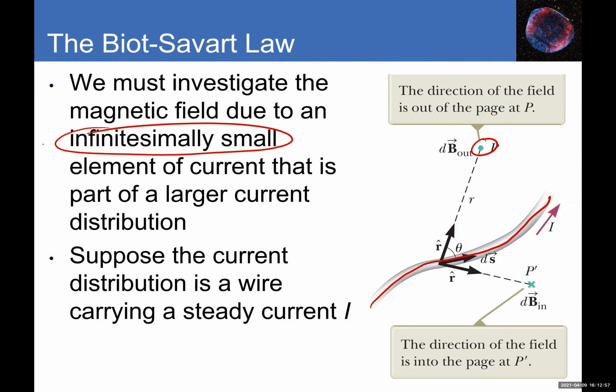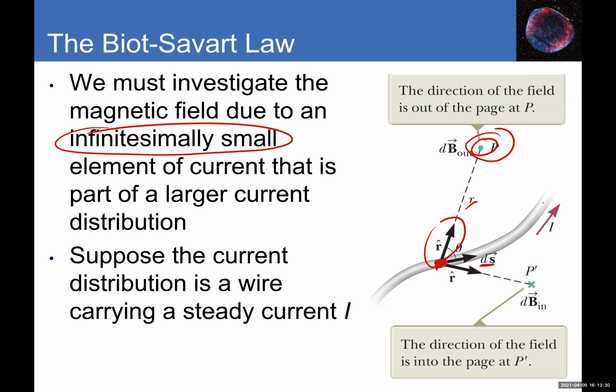That means if you have a wire where there's a current running through it, we're going to choose a small element of that current that has a length ds. And once we do that, we can then choose a point of interest. In this case, let's say this point P over here. Then we draw a line, distance r from that, and then we have our r hat vector, which is always from your small element toward the point of interest.